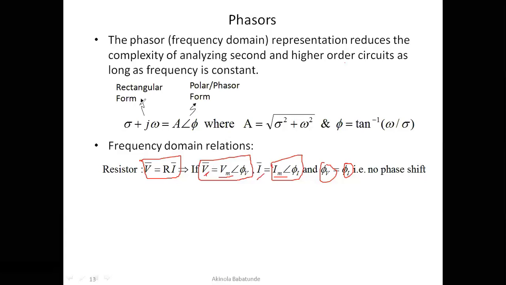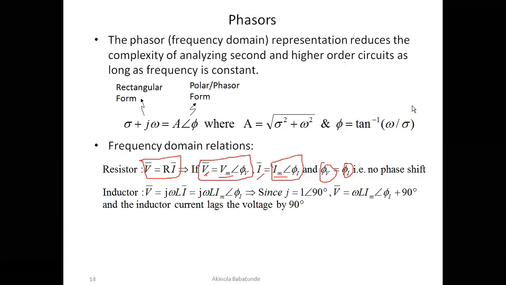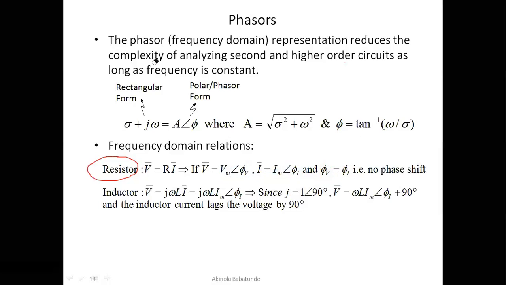Taking it a step further, that was for the resistor, by the way. For an inductor, things are going to be a little different, and I'm glad we've talked about inductors at length before, so this will be very easy for you to comprehend. Our V is always equal to jwLI for an inductor.